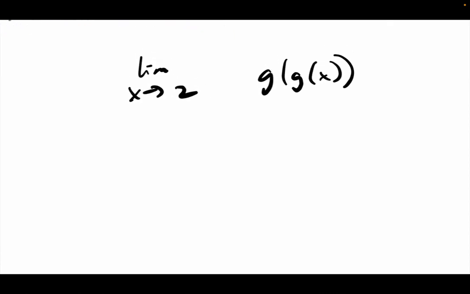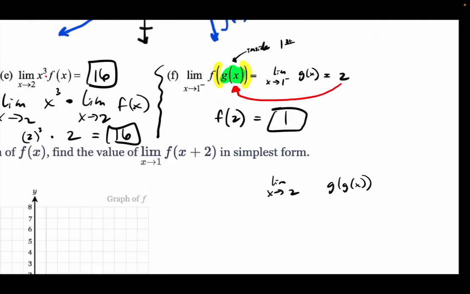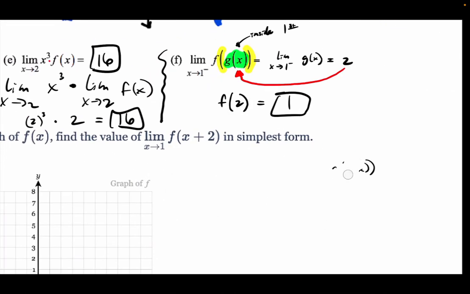So then you'd find the limit as x approaches 2 for g of x, which is 1.5, and then you find g of 1.5. g of 1.5 would be somewhere right here. Yeah, something like that. That's also a possibility. That's all you do. You just find the limit of the inside, plug it back in, and then f or g or whatever.